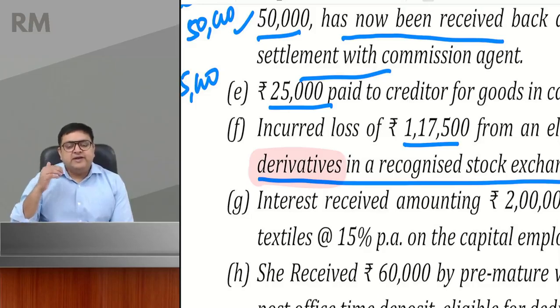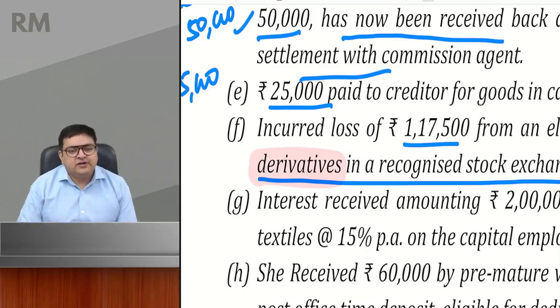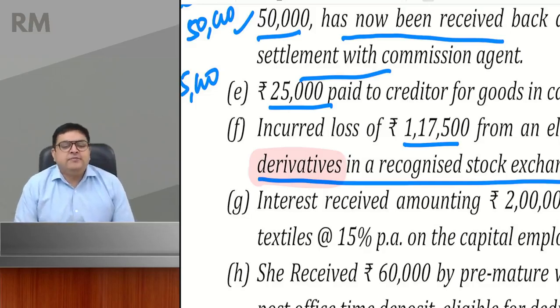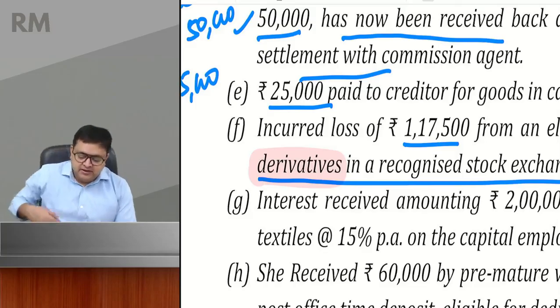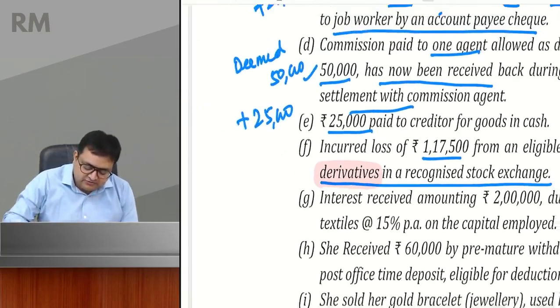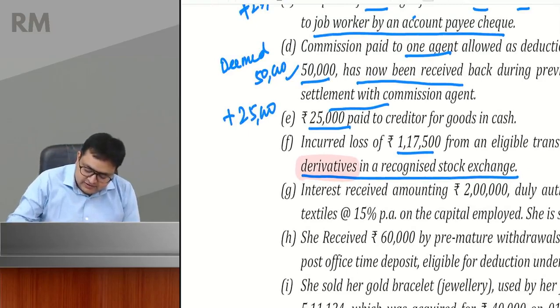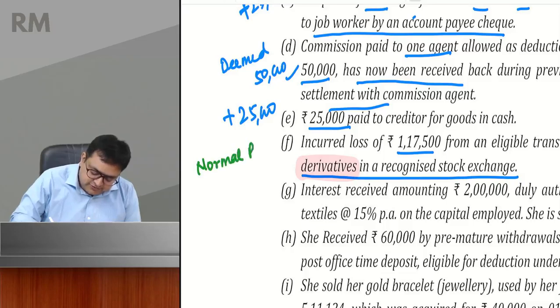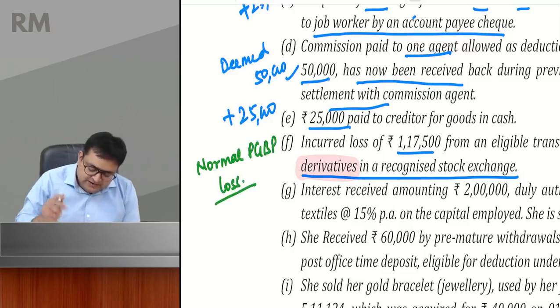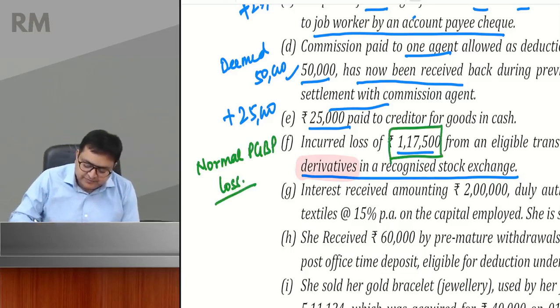But when you do derivative trading, future and option, they have told that it is a normal PGBP. It is not speculative PGBP. So it's a normal PGBP loss, not speculative. So it's a normal PGBP loss of the current year.